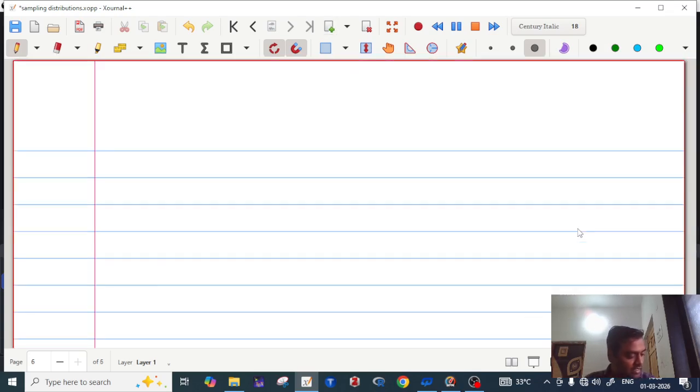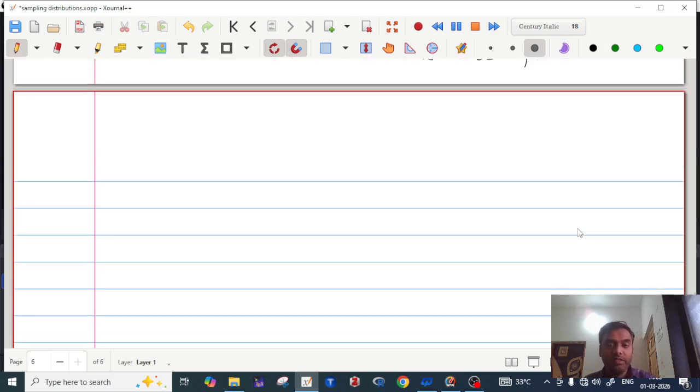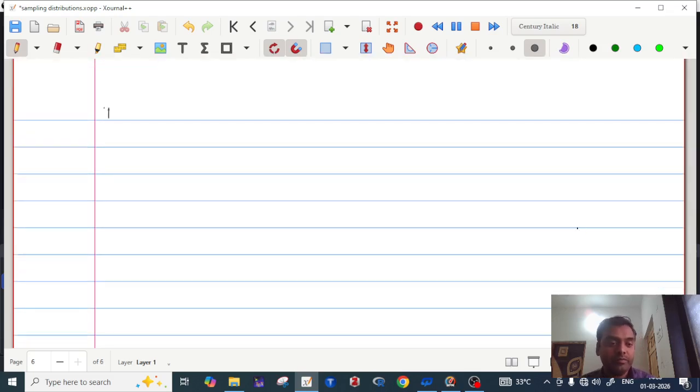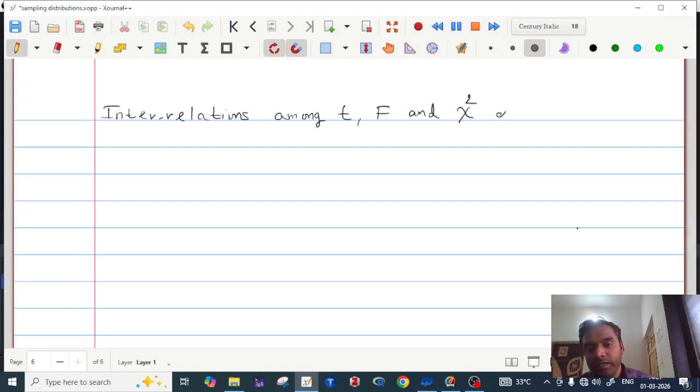And the last is the interrelations among the T, F and chi-square distributions. The first one is: if T follows t with n degrees of freedom, then its square, T square, follows F with 1 comma n.